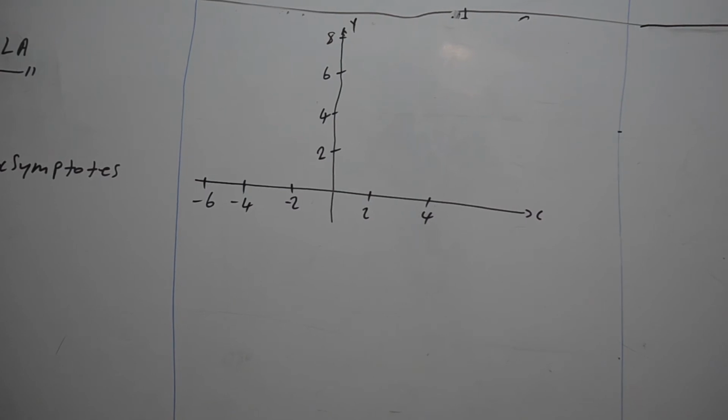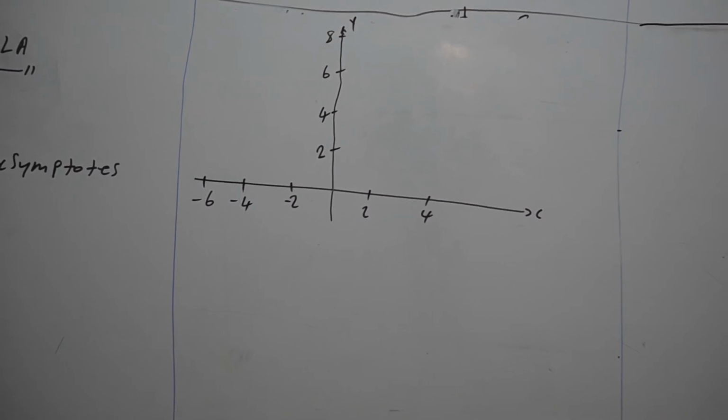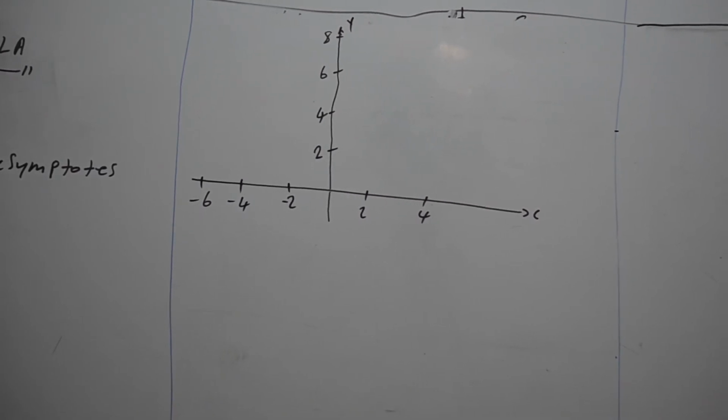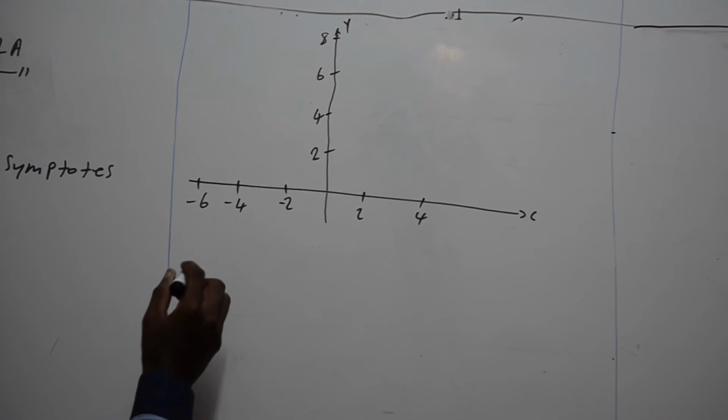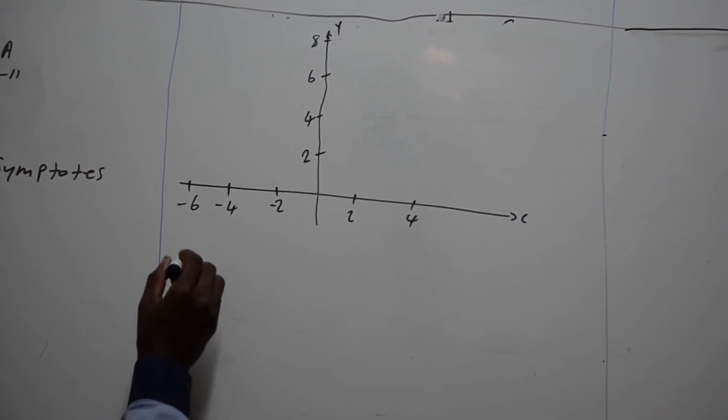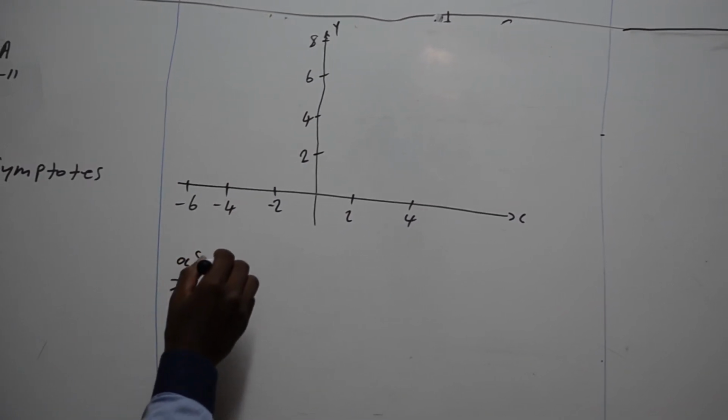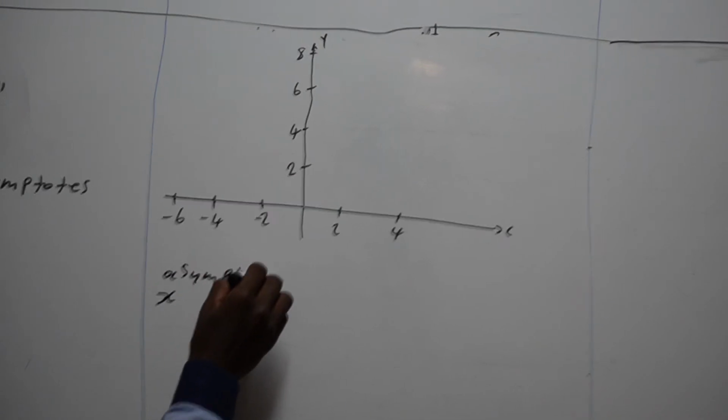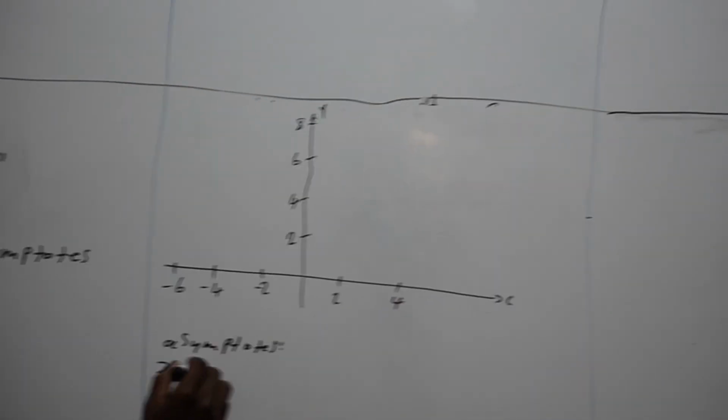I need the asymptote points because with sketching we also need asymptotes. So from the equation we have x minus 1. So if we take these asymptotes, we will have x equal to 1.